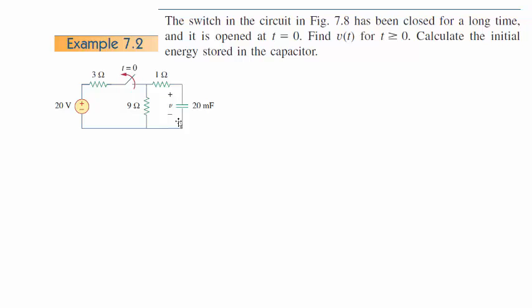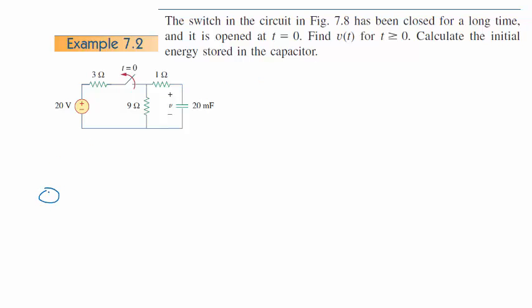So we need to know what the natural response is of this circuit after the circuit gets a chance to discharge over here. One thing we don't know yet is the initial charge on that capacitor, but we can find that by assuming that sufficient time has gone by, the capacitor is fully charged, so at that point it's an open circuit.